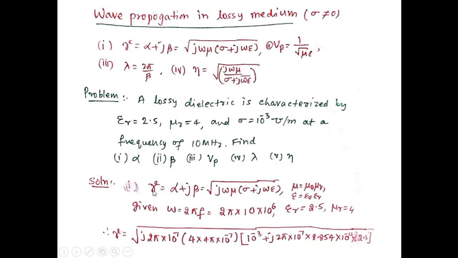So here we know that gamma is equal to alpha plus j beta is equal to under root of j omega mu bracket sigma plus j omega epsilon. Therefore, given angular frequency omega is equal to 2 pi f is equal to 2 pi into 10 into 10 raised to 6. The frequency is 10 megahertz and relative permittivity is given as 2.5 and relative permeability is 4.